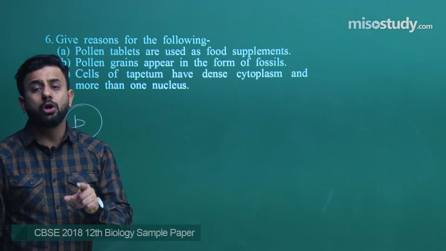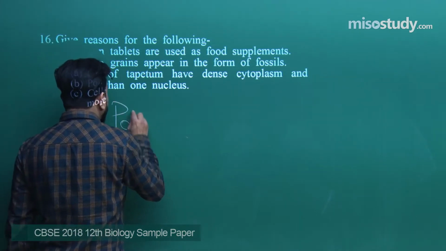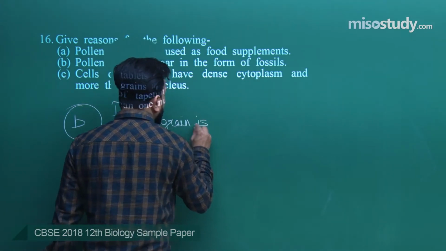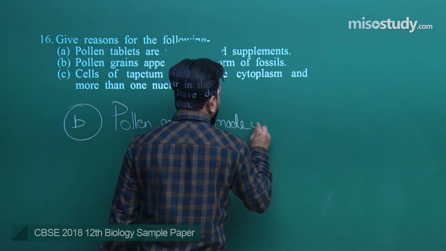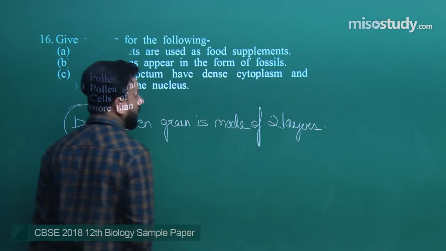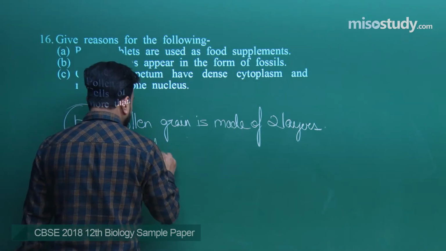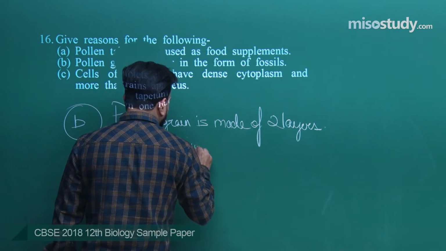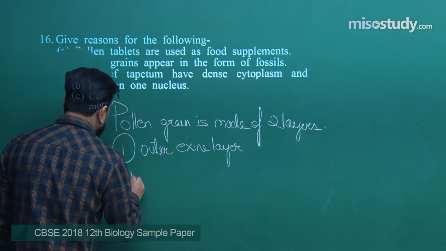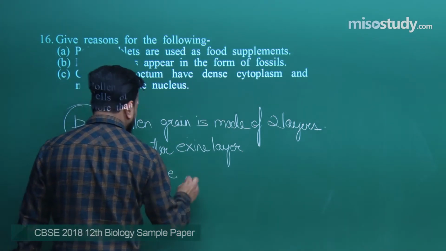The pollen grain, we all know, is made up of 2 layers. The outer is the exine layer, and the inner is the intine layer.